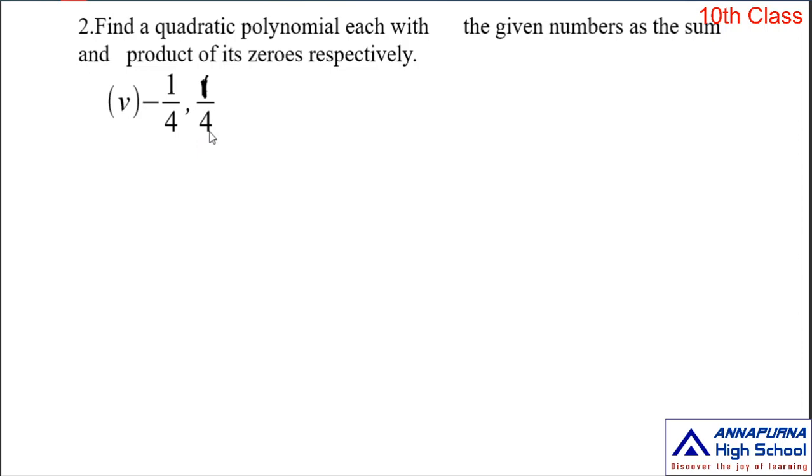Write down the general form of quadratic polynomial and substitute that alpha plus beta and alpha beta in that general form and simplify it and choose k value. And the sixth one is 4 comma 1. Same, alpha plus beta is equal to 4 and alpha beta is equal to 1, and substitute these two values in the general form and simplify it and choose k value, and we get required quadratic polynomial. So try to do your own.